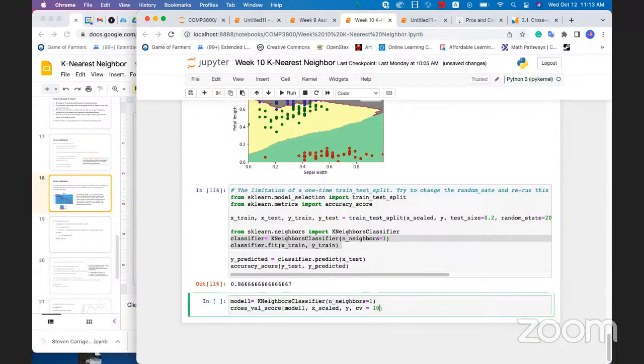It depends on how big your data set is. If your data set is over 10,000 entries, you don't even need to use this, because you have sufficient data to train and to test. But if it's only 100 or 1,000 data points, then we will use cross validation.